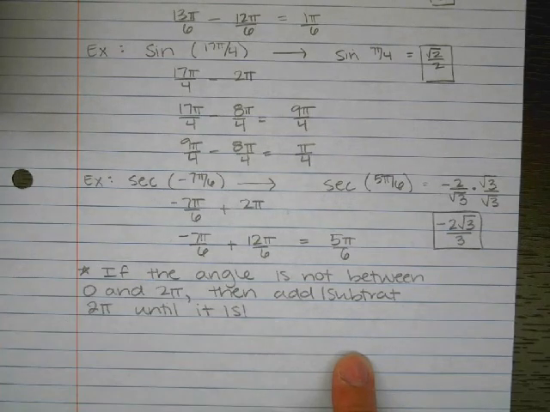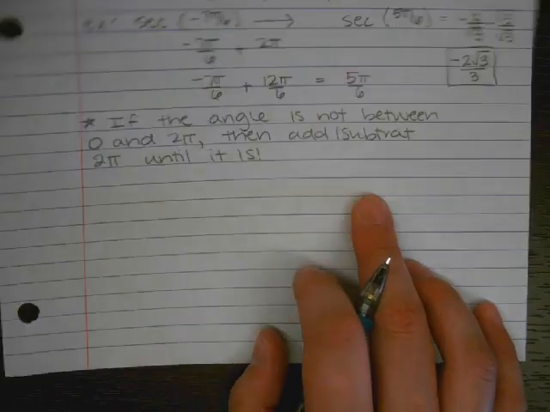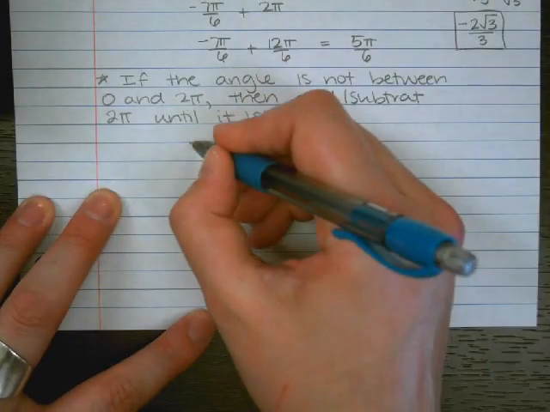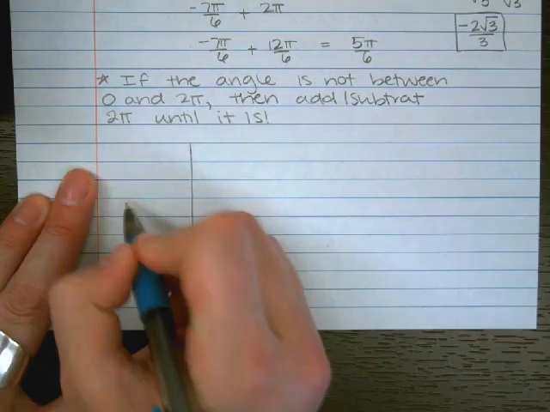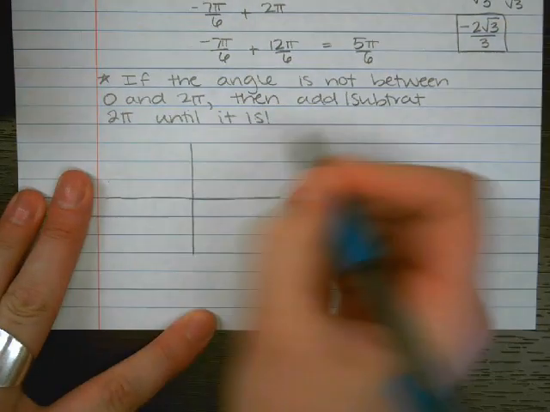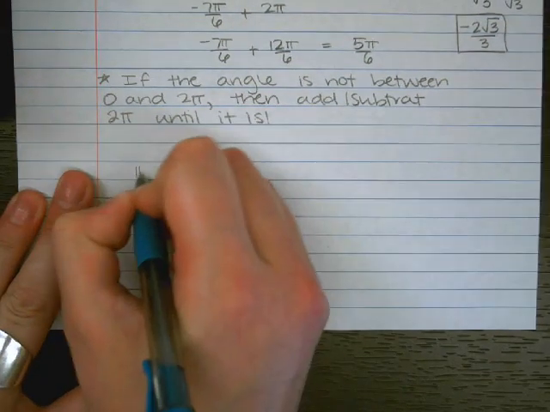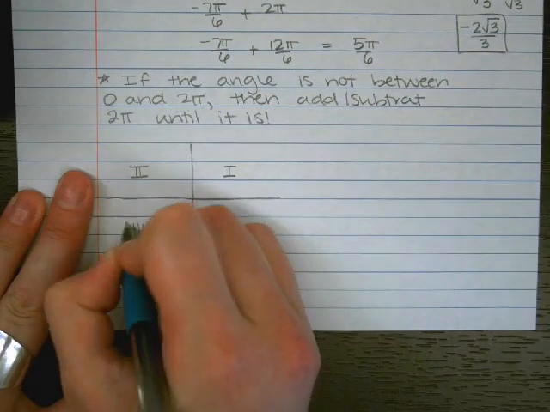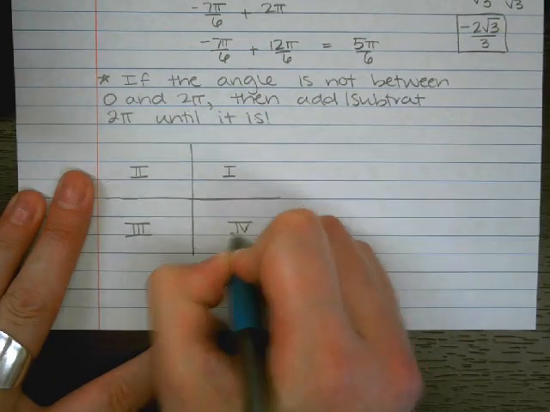Okay, now we're going to go ahead and switch into problems where we're going to have to draw triangles to do them. So first we have to draw the different quadrants. So we have quadrant 1, quadrant 2, quadrant 3, quadrant 4.